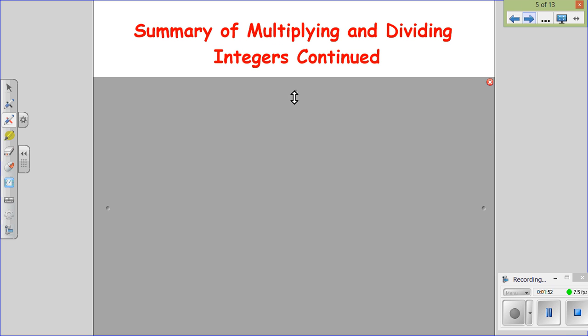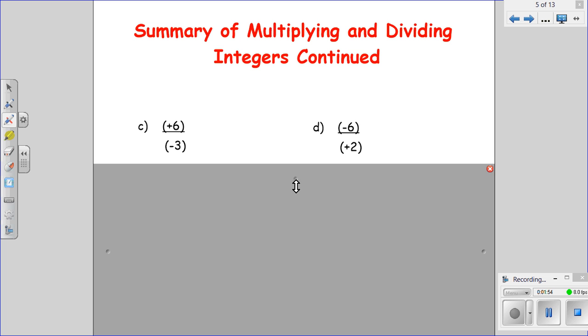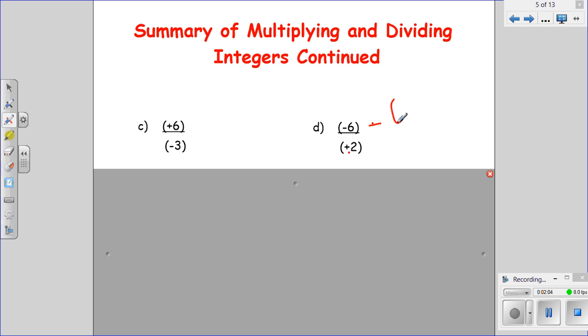Now with division, we can change it up a bit and think about, let's look at part D here instead first. I'm taking negative 6 and splitting it up into two groups. That means negative 6 split into two groups.